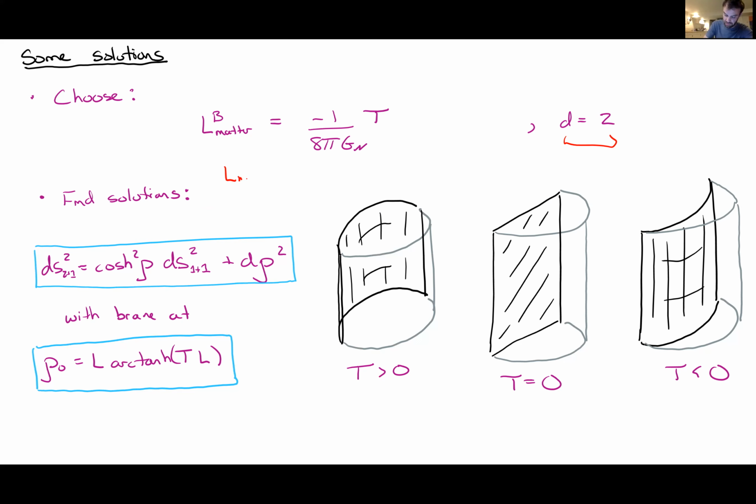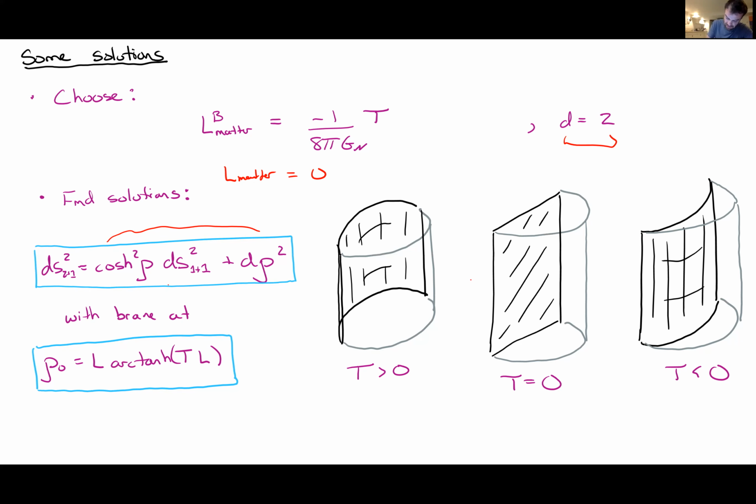So the bulk matter Lagrangian is just 0. Then you can write down these equations I had before and find some solutions. Here's the solution we're going to work with: pure AdS in the bulk, which I've written in a funny way, with this rho coordinate.